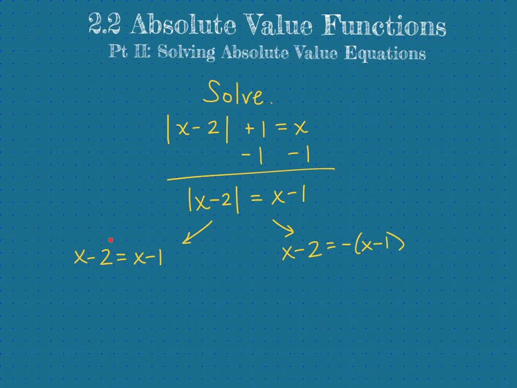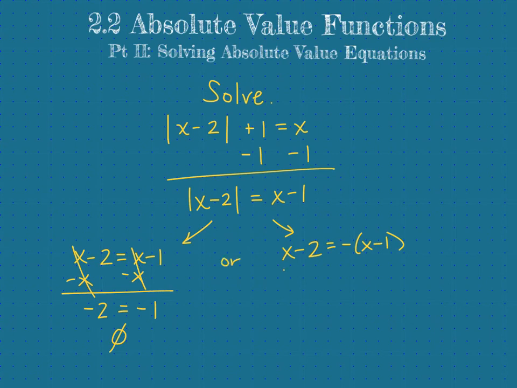So solving on this side, I'm going to subtract x from both sides. Now when we do that, we'll see that the x's end up canceling on both sides, and we're just given a false statement, so this provides us with no solution.